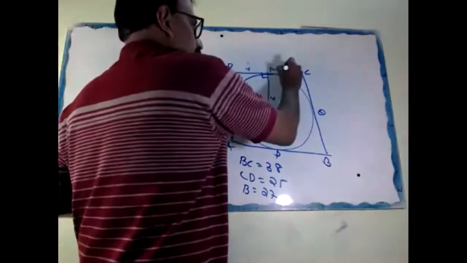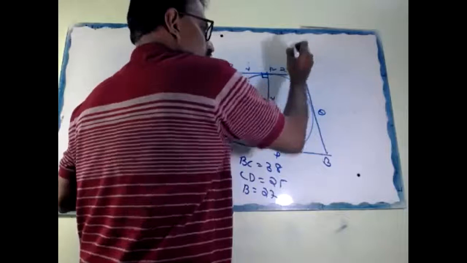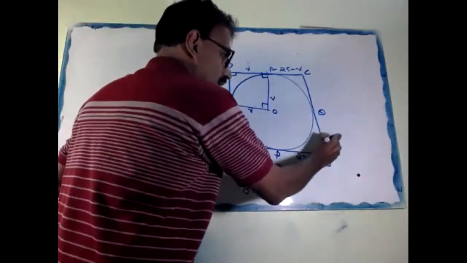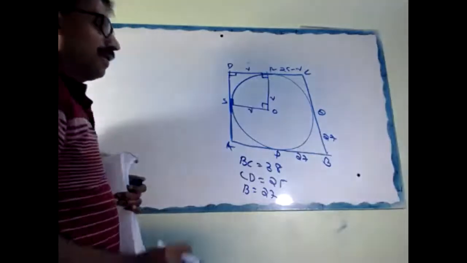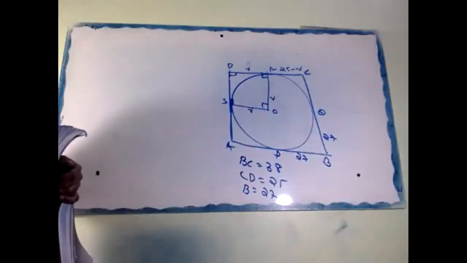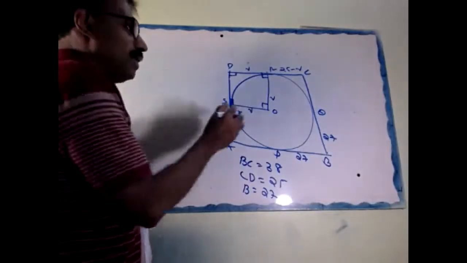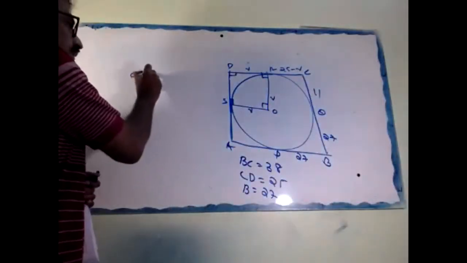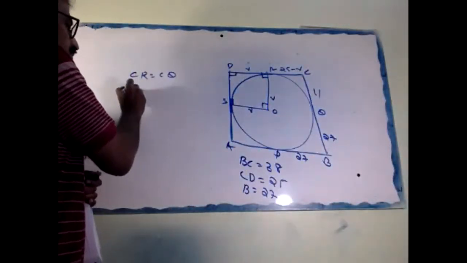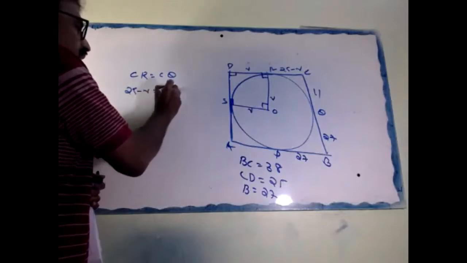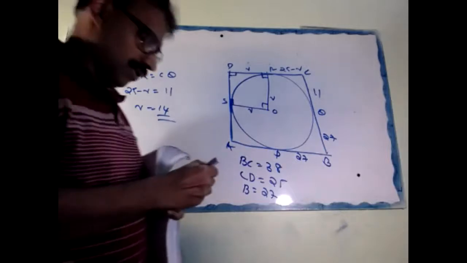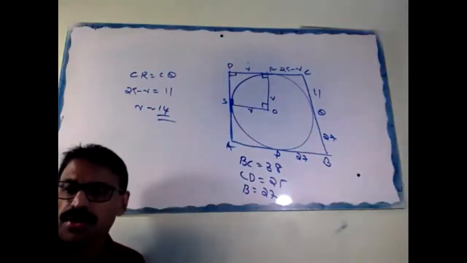So this is 25 minus R. BP 27. This is 27. This also 27. Then BC 38. BC 38 means BQ 27, so CQ 11. And CR equal to CQ. 25 minus R equal to 11. R equal to 14. Finish. R equal to 14. Clear or not?